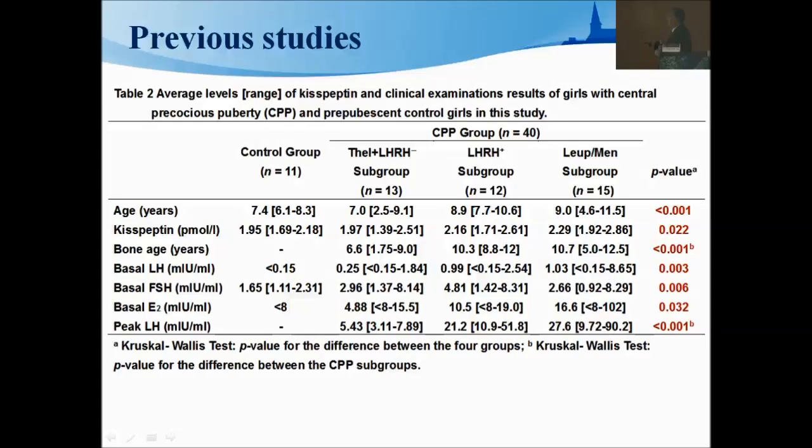And this group is the high puberty degree. The cases need to use leuprolide as therapy, and all the girls have a mean age of about 8 years old.